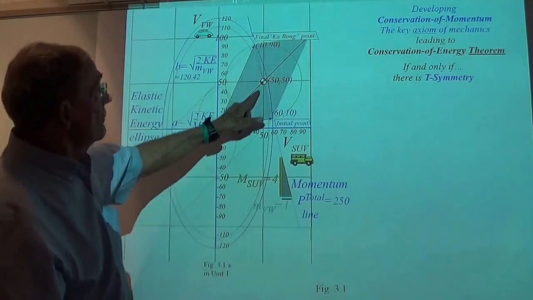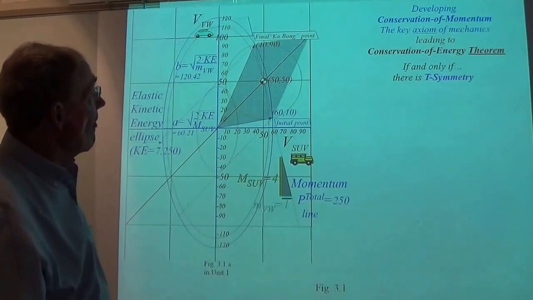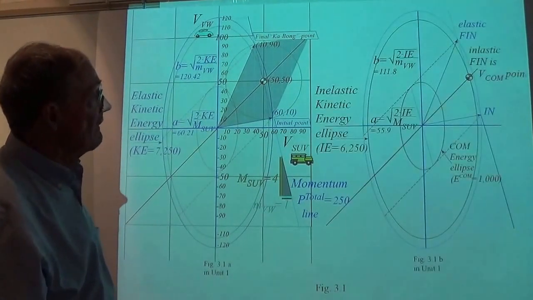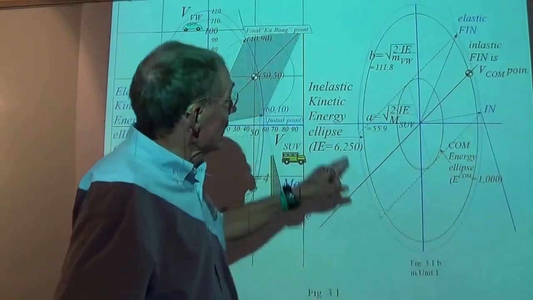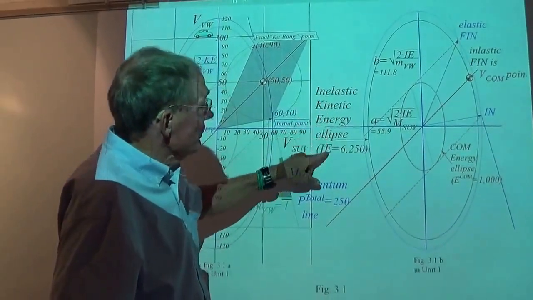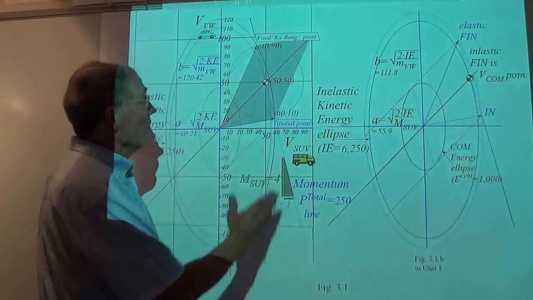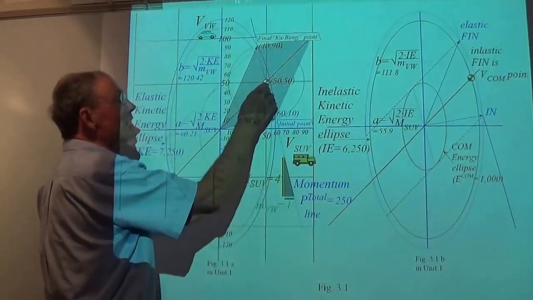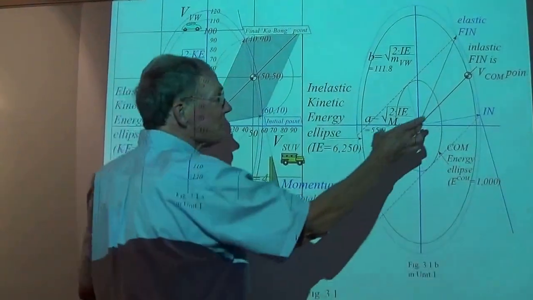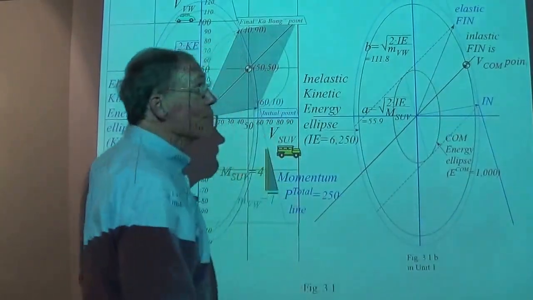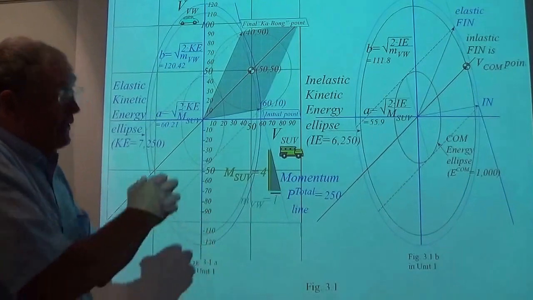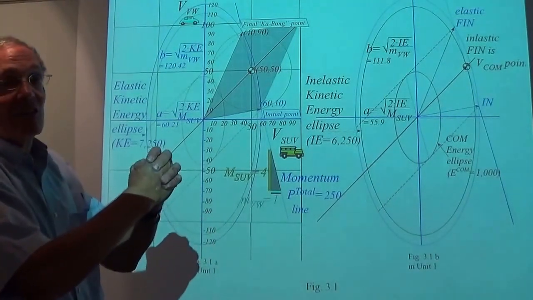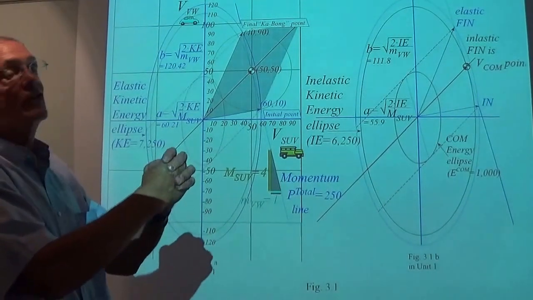If I were to stop right there, I'd be on an ellipse, and it's an elastic kinetic energy. In other words, this is the most energy I can lose, whatever it takes to get down to that ellipse right there in this collision. I can't lose any more, because now they're just stuck, and all the heat is taking everything away.